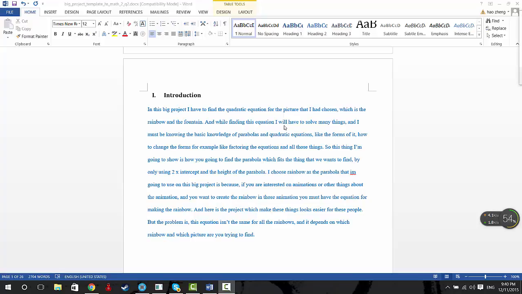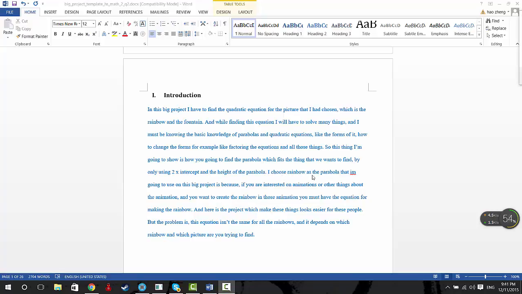While finding this equation, I will have to solve many things, and I must know the basic knowledge of parabolas and quadratic equations, like the forms of it, how to change the forms, for example factoring the equation and all those things. What I'm going to show is how to find a parabola which fits by only using 2 x-intercepts and the height of the parabola.